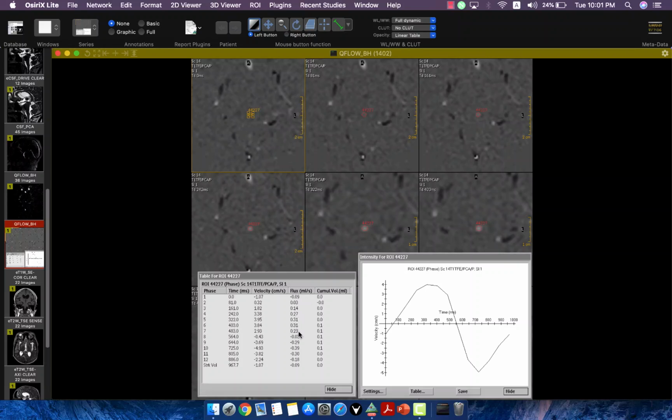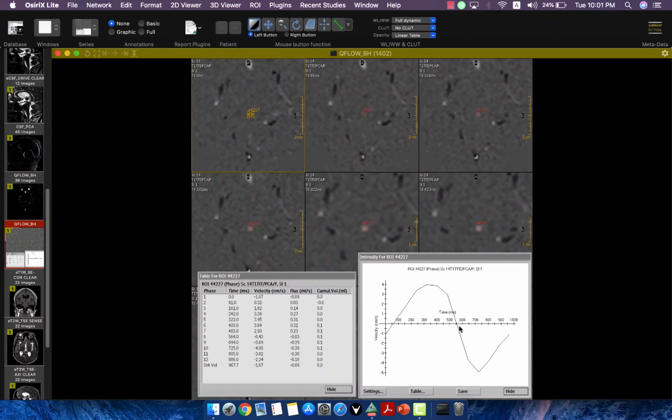Say this is 1, 2, 3, 4, 5, 6. So we add these 6 numbers and divide by 6 to obtain the mean systolic flow, and multiply this by the duration of the systole.